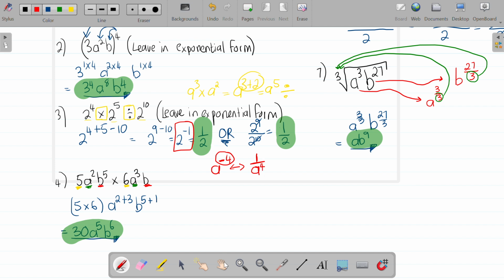Okay, so that's why what ends up happening over here is this negative 1. This base of 2 is going to become a denominator. Can you see that? So this is going to be 1 over 2 raised to the power of an imaginary positive 1. The other way of doing it, guys, is that if we know it's 2 to the power of 9 at the top, 4 plus 5 is 9, and then remember, we can write divide by 2 to the power of 10 with a division line like that.